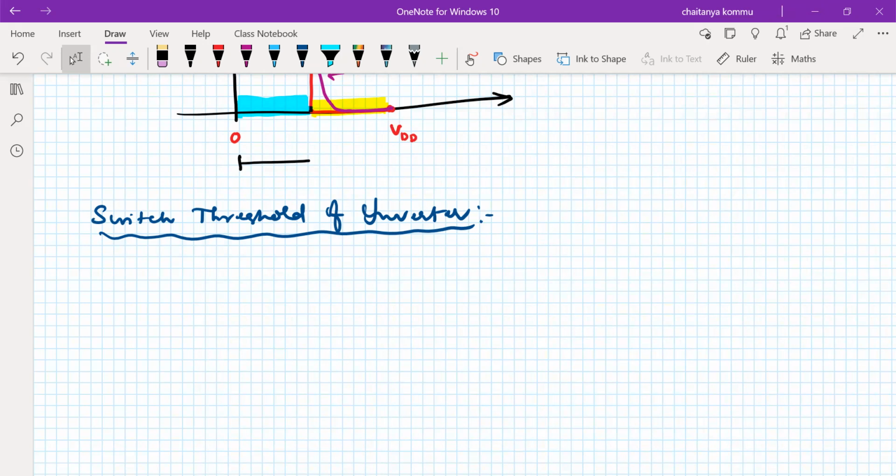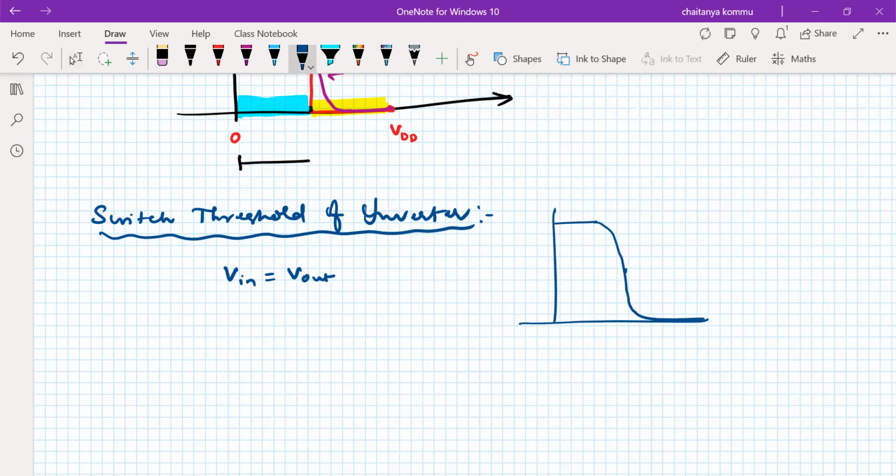The input voltage at which we observe the maximum current is called the switching threshold. At that particular voltage, Vin is equal to Vout. As I mentioned, the curve goes something like this.